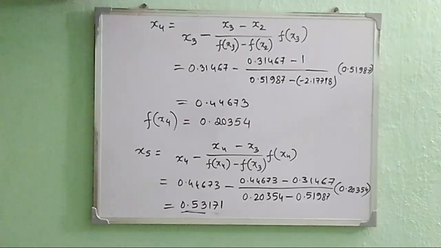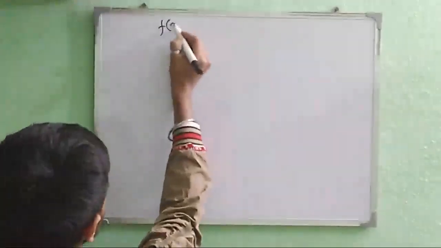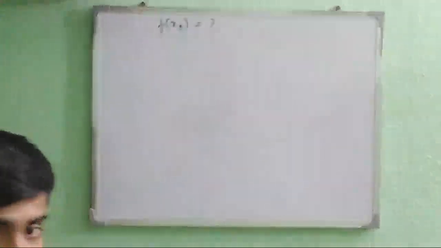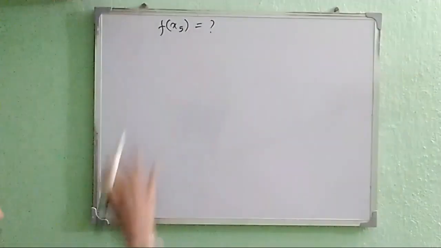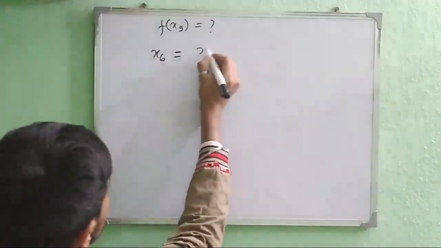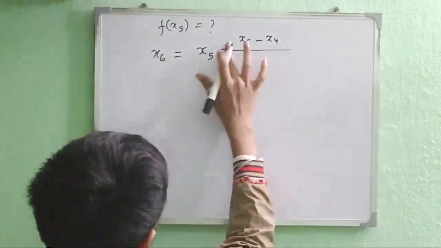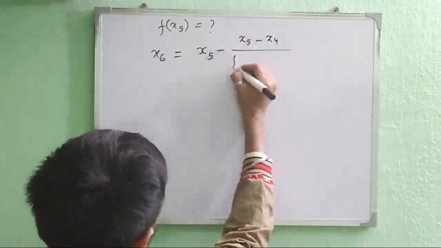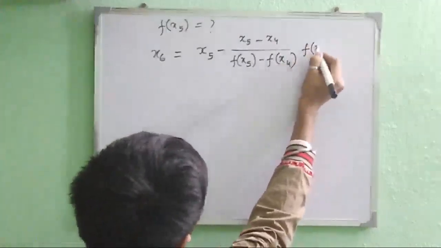I hope you all can calculate the value of f of x5 from this x5 value that I have just calculated. After calculating this one, we will jump to x6, which will be x5 minus (x5 minus x4) divided by (f of x5 minus f of x4), into f of x5.